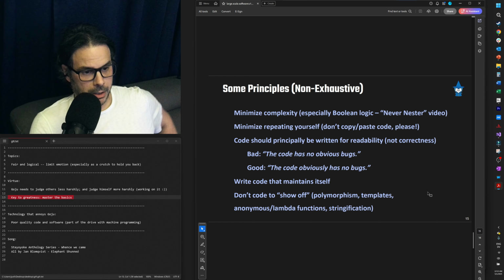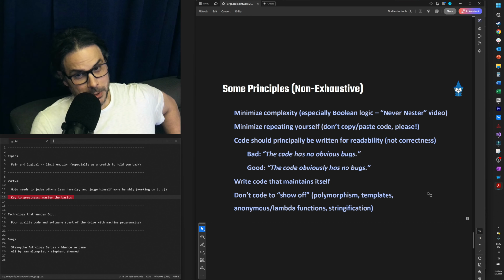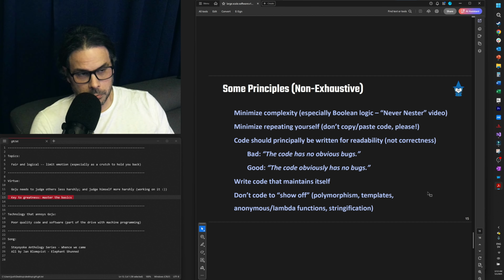It would be really bad. So you can still play around, but just try to keep that stuff in your sandbox unless it's absolutely necessary for production. And then in that case, yeah, have at it.